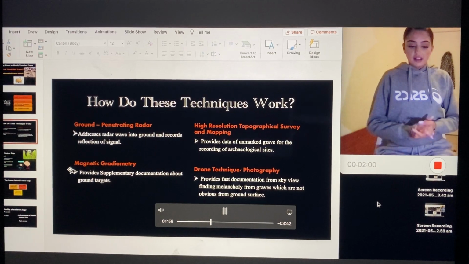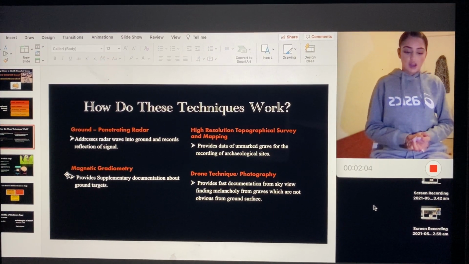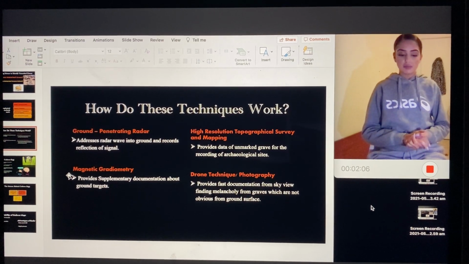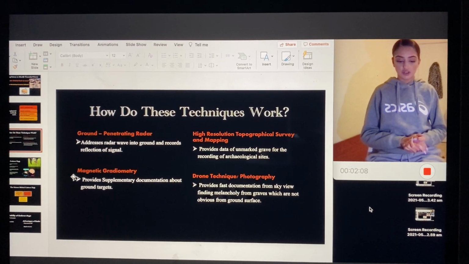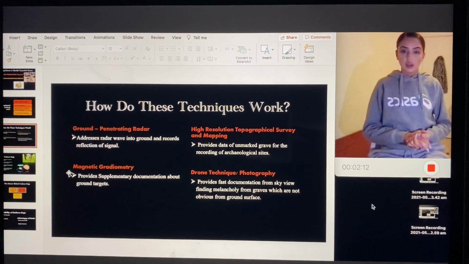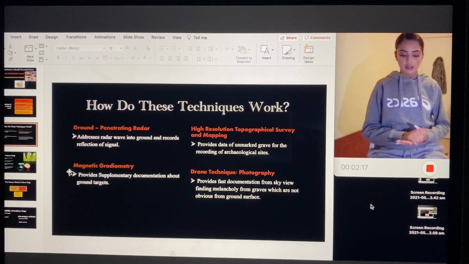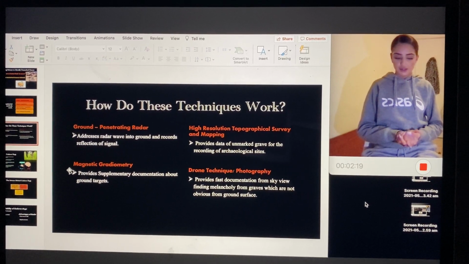A magnetic technique, magnetic radiometry, is an addition used to figure out unmarked graves. This procedure provides supplementary documentation in reference to ground targets. High-resolution topographical survey and mapping distributes data for unmarked graves.